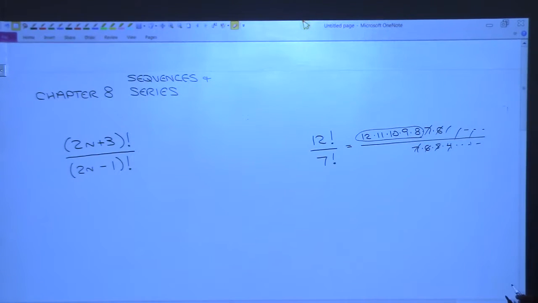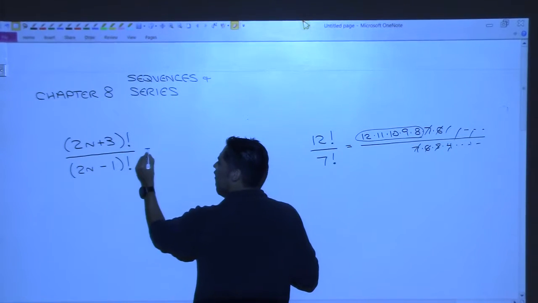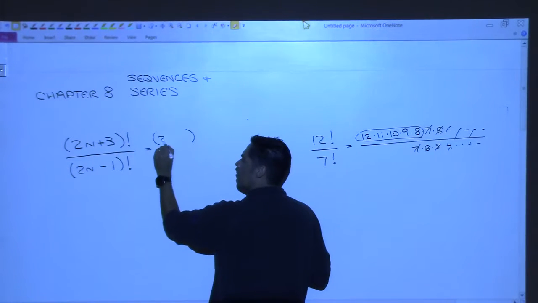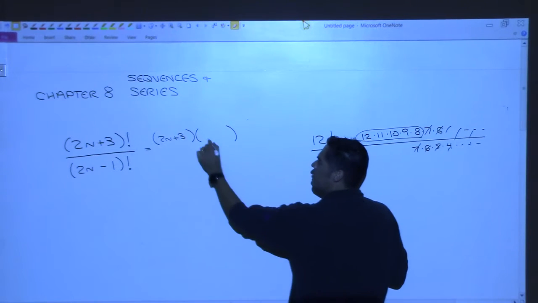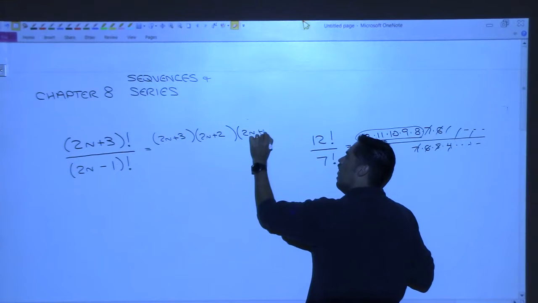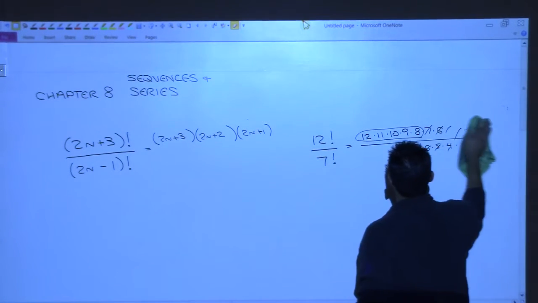The same sort of thing happens here. What would the first piece of this one be? 2n plus 3. What's the one right next to it? 2n plus 2. Next one, 2n plus 1. How far do I want to go?